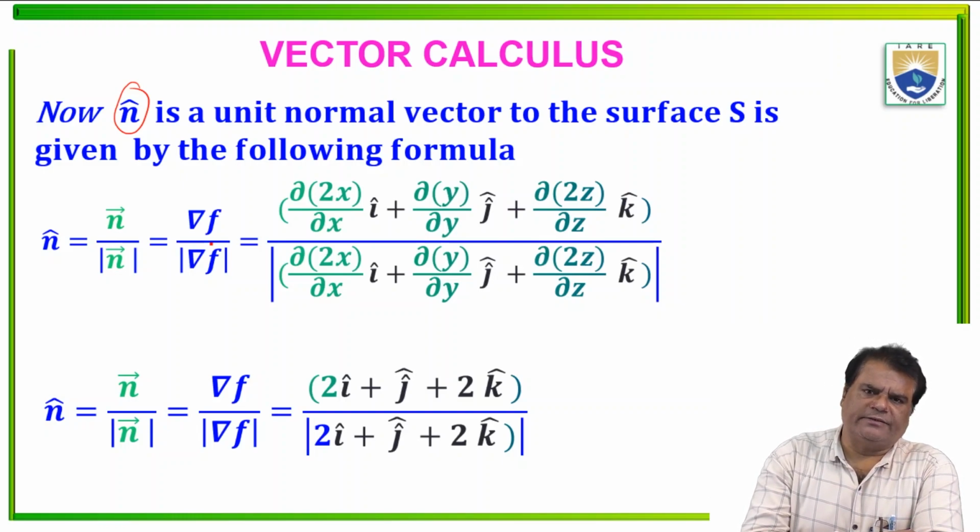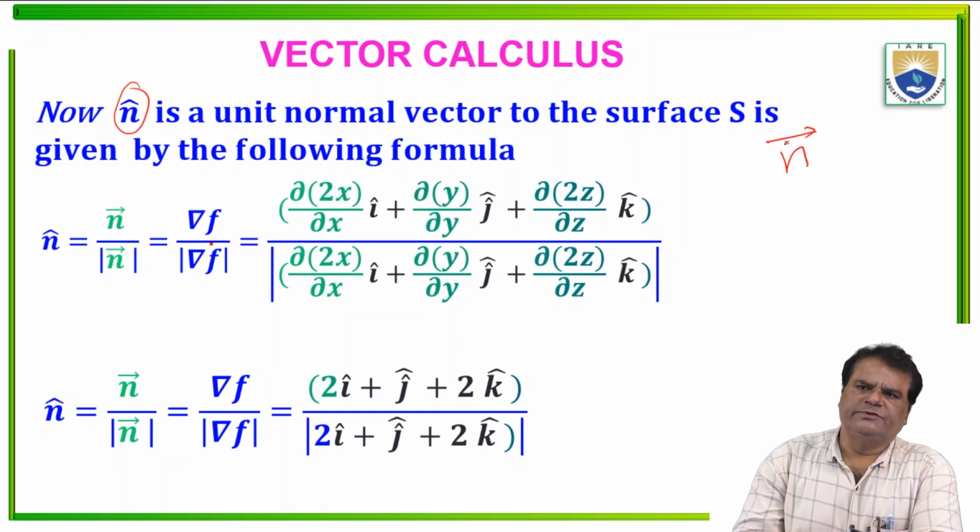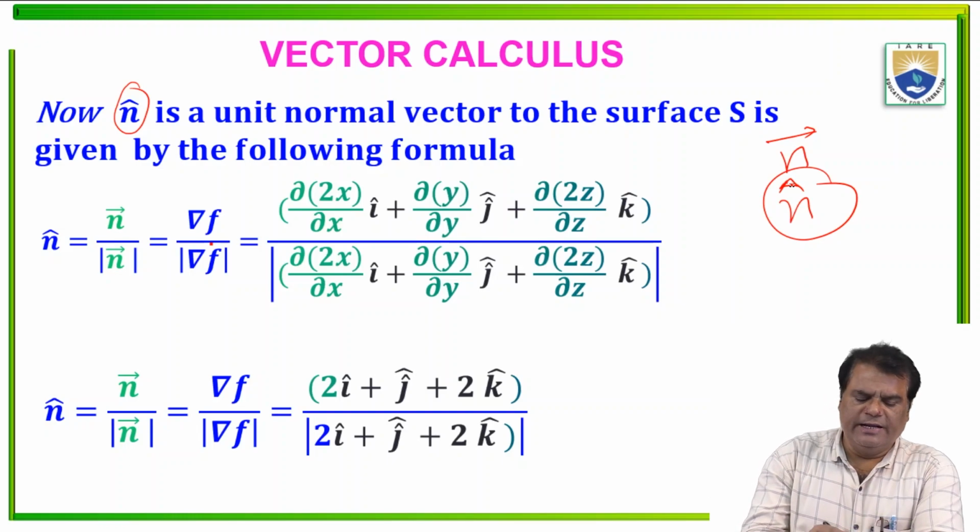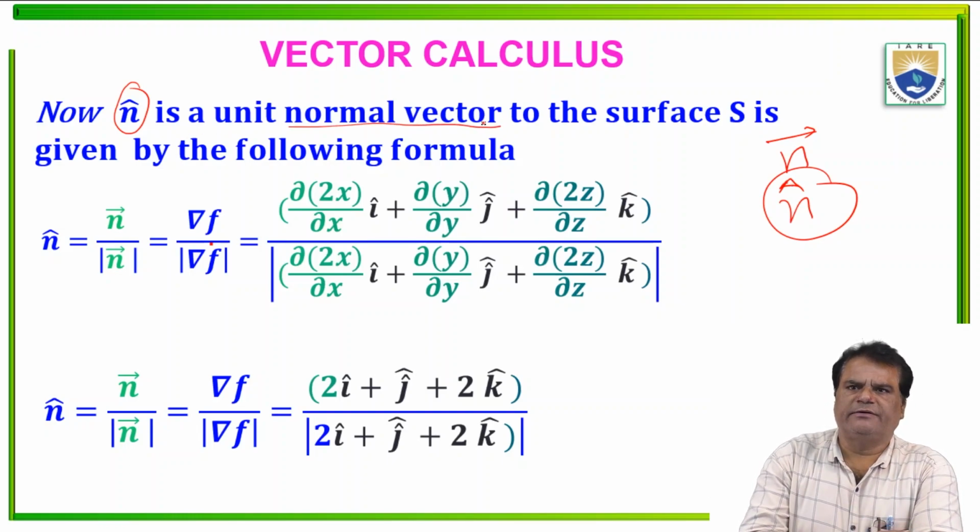Now, n cap. Suppose n is a vector, the normal vector. If I write n cap, this is the unit normal vector, which is normal to the surface S, and is given by the following formula.